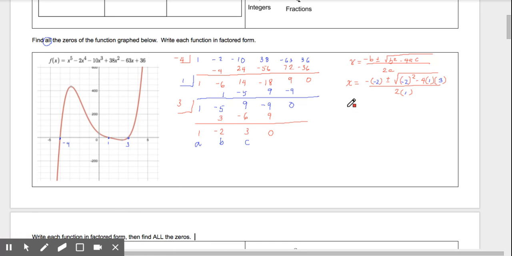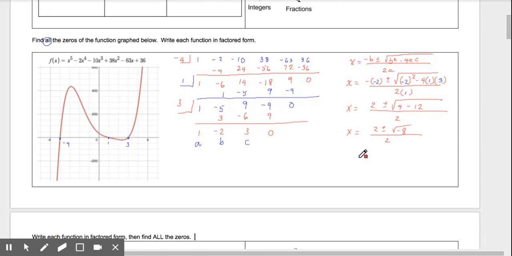Now we'll have x equals negative of negative 2 is positive 2 plus or minus square root of 4 minus 12 all over 2. So we'll have x equals 2 plus or minus square root of negative 8 over 2.